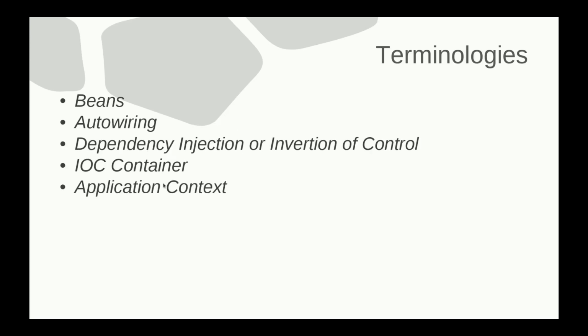So before we actually end this tutorial, let me go back and discuss a few of the common terminologies in the Spring framework. First is the beans. We are telling Spring to create beans when annotating a class or a component.